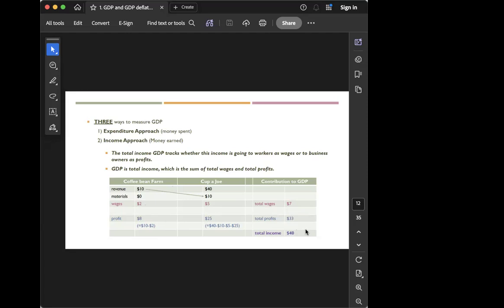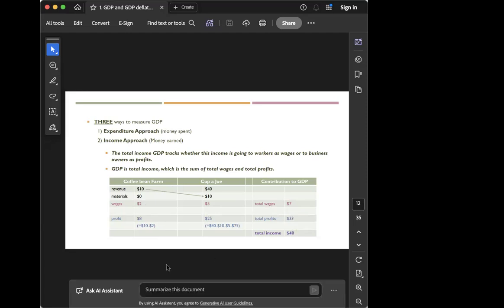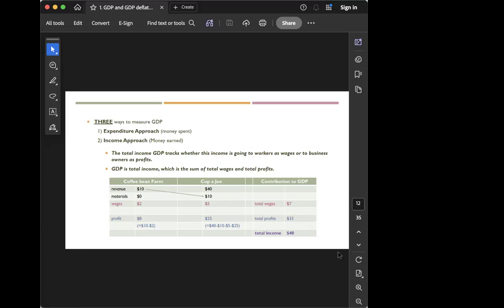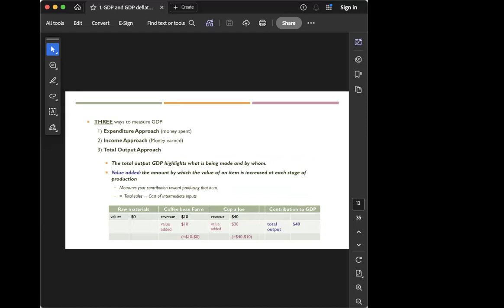So, yeah, the key idea is that the value of final output becomes income for someone. And it may go to workers as wages or to business owners as profit. That is the key point of the income approach. And the last one is the total output approach.